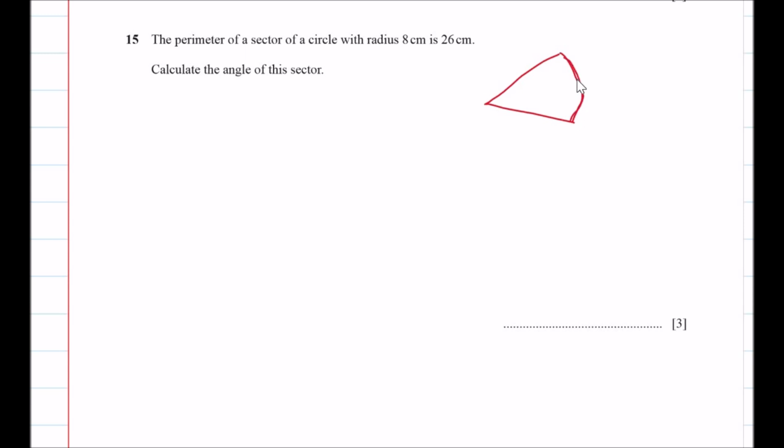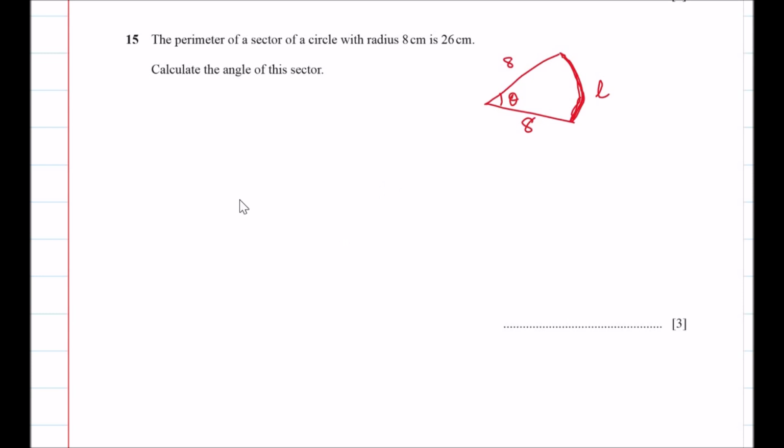Suppose this is a sector. Okay, this is the radius 8 centimeters. This is also 8 centimeter. Arc length we don't know. Let us take L. This angle we have to find out. Let's take theta.